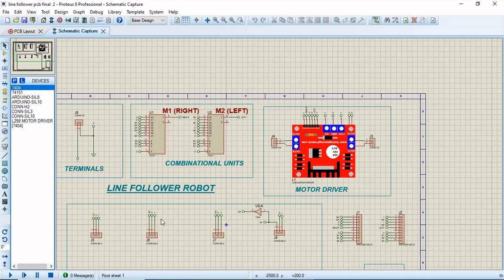Then S2 is the output of the second sensor, 0 for the ground, 1 for VCC, again 1 for VCC, 0 for ground, S3 for the third sensor's output. And for the fourth sensor, we have 1 for VCC, 0 for ground, and S4 for its output. In some cases, as in our truth table, there is S4 prime. So we connected a NOT gate to S4, which gives S4 prime.